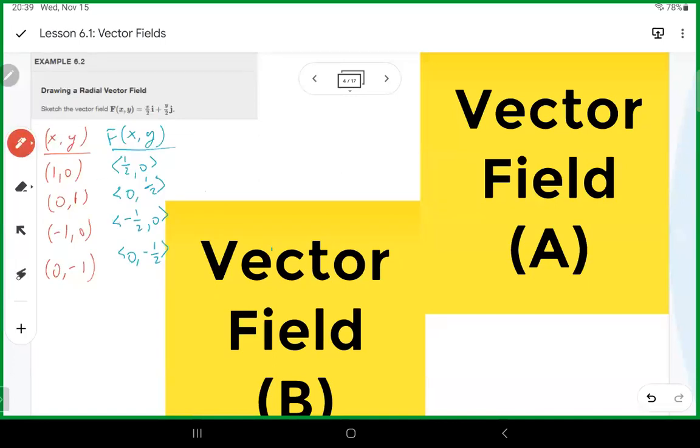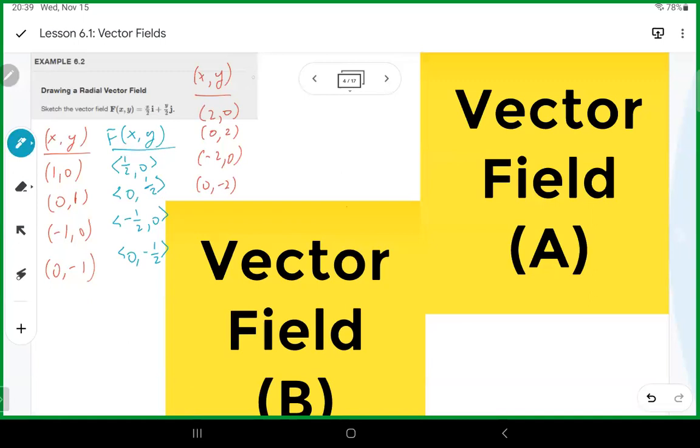And then they did 4 more columns. I'm gonna try to spread it out wherever we have room. And then (2, 0), (0, 2), (-2, 0), and (0, -2).